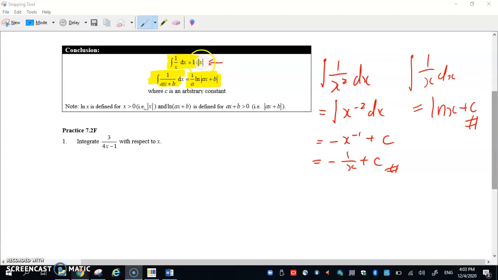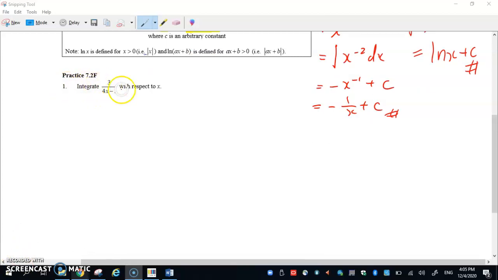The reason why there is a modulus is to make sure that this value will always be positive, because the logarithmic function can only take in positive values. So basically this modulus is just to make sure that this value here will become positive. This is required because initially the values of x can be any value. So this is basically to restrict the value within the logarithm to always be positive.